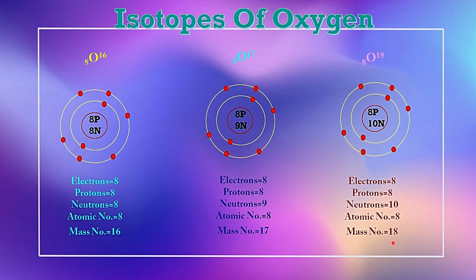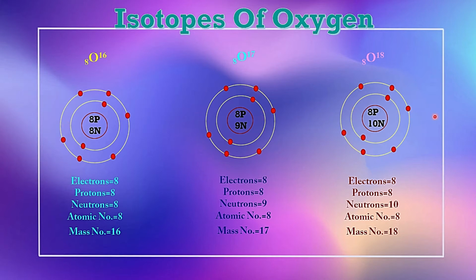So for calculating atomic masses of any element, we need to calculate the average atomic mass of all the isotopes, including their percent abundance. In the periodic table, you must have seen atomic mass written in decimal points with each element. So this atomic mass is actually the average atomic mass of all the isotopes.